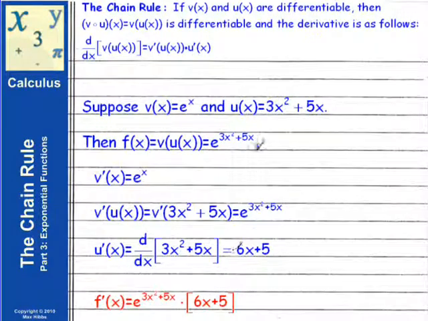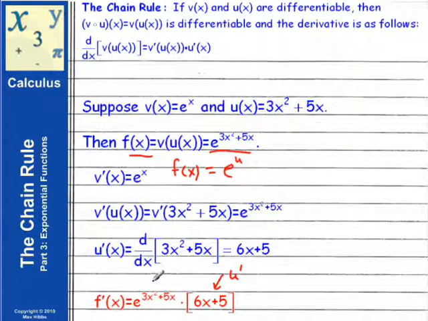Now it's more useful to look at what we started with. So here's the original function. f of x is equal to e to the power 3x squared plus 5x. And when we found the derivative, we have e to exactly the same power, but here we have the derivative of that power, which we called u. So this is like f of x is equal to e to some power other than x.